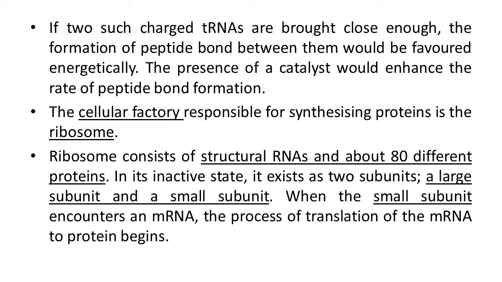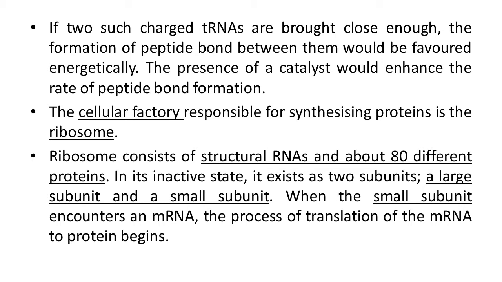Ribosome consists of structural RNAs and about 80 different proteins. In its inactive state, it exists as two subunits. We have already studied the large subunit and the small subunit. In short, it is also known as S. So in the inactive condition, it possesses two subunits, one large and another small.